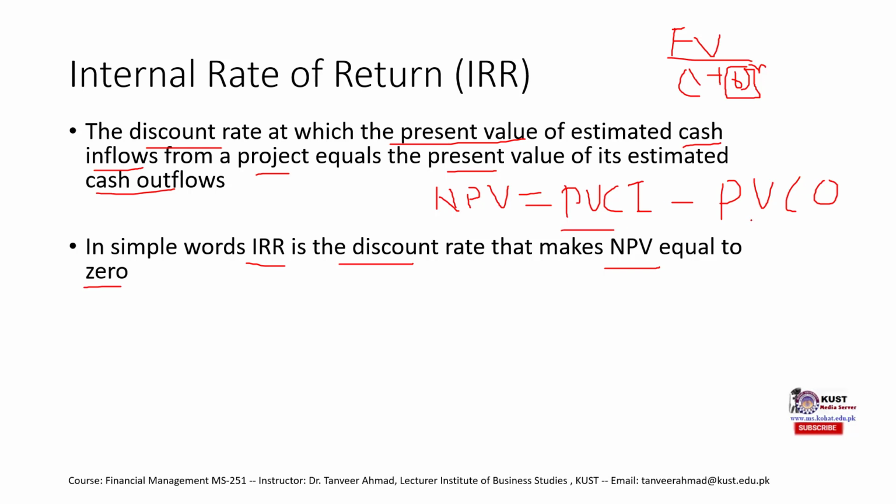When present value of cash inflows is equal to present value of cash outflows, then NPV would be what? It would be 0. So the discount rate, the value of R at which these two become equal, would also mean that it is the value of R at which NPV becomes 0. So we can also define IRR as the discount rate at which NPV is equal to 0. This is the definition that you find in most of the textbooks.